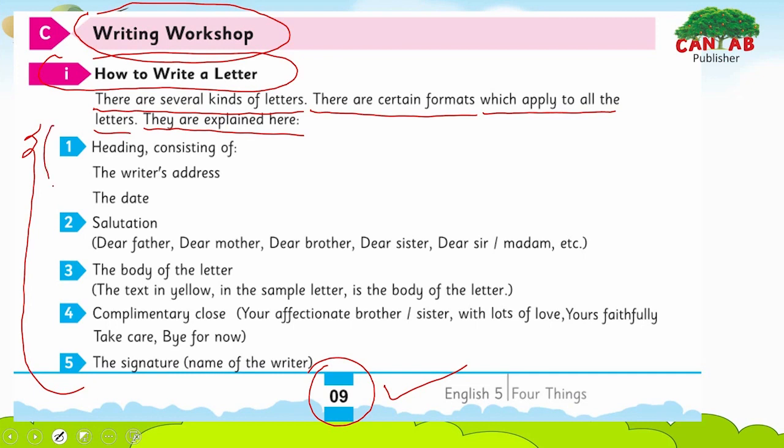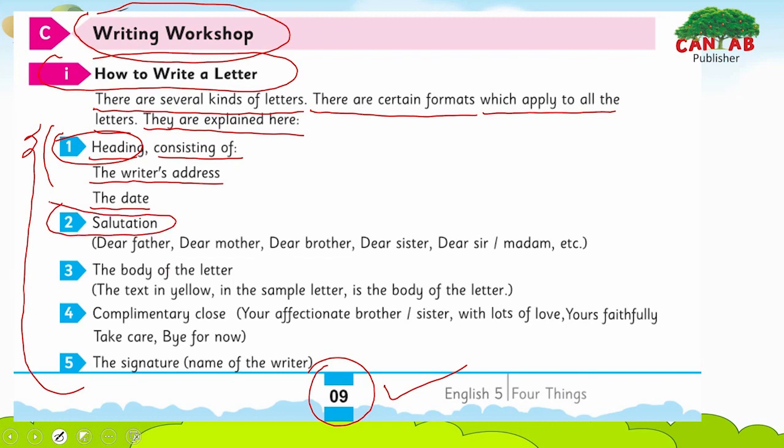The first part is the heading, which consists of the writer's address and the date. The writer should write their address and the date in the heading. The second is the salutation.